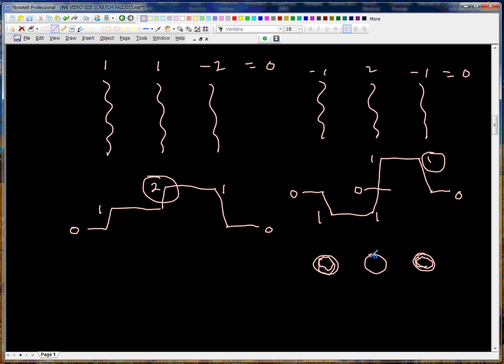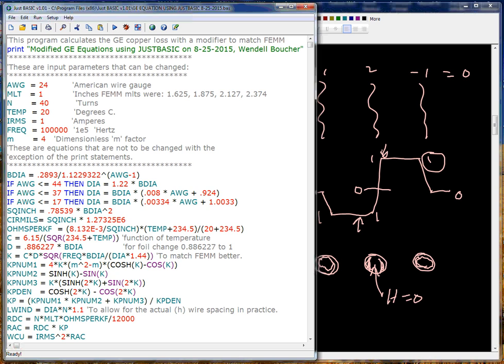But for this one, it's only penetrating here and only penetrating in here. In that area, H equals 0, as you can clearly see from this. This is one wire. This is one edge of the wire here. This is the left edge of the wire. So in the center, it's 0. So we have to have some way to deal with that, especially if we're going to run this program. Okay?